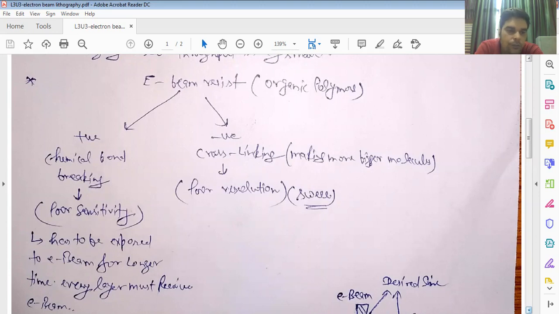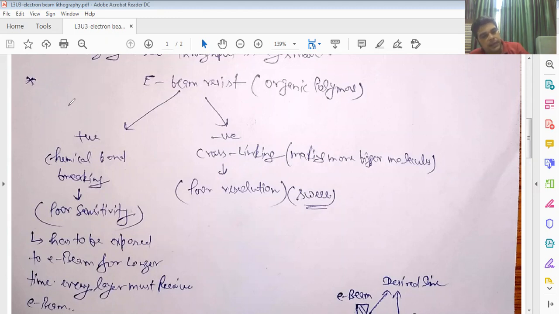So, in order to have the correct functioning, let's say this is your resist onto the substrate, and this is being exposed to the electron beam, and chemical bonds are broken here.